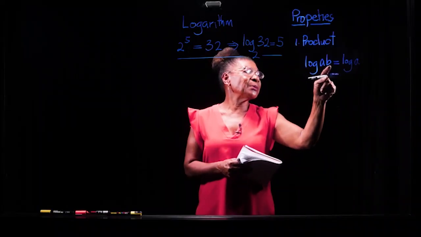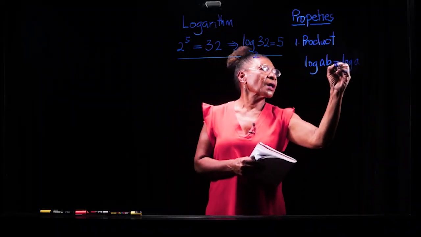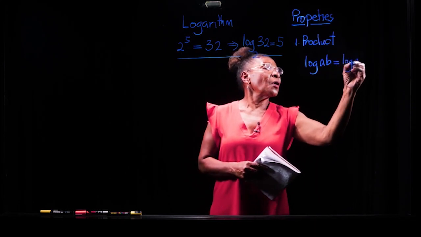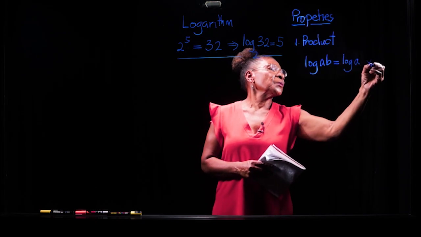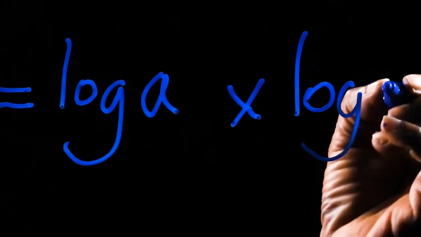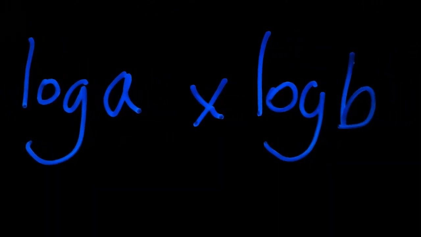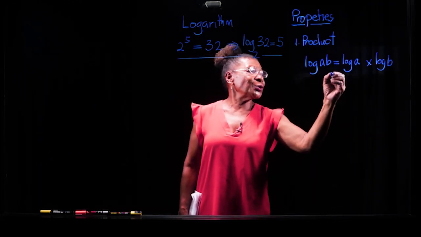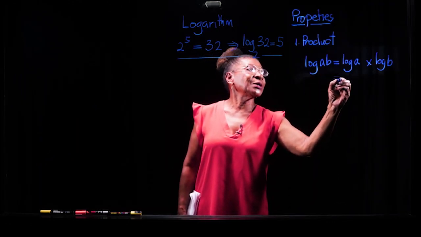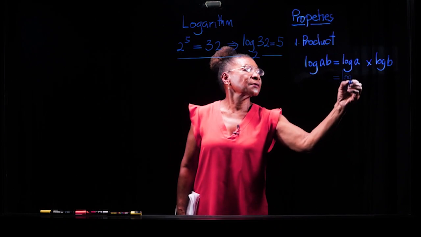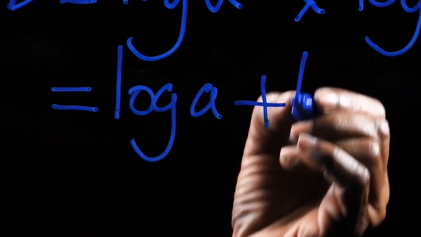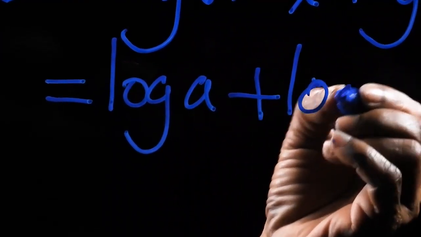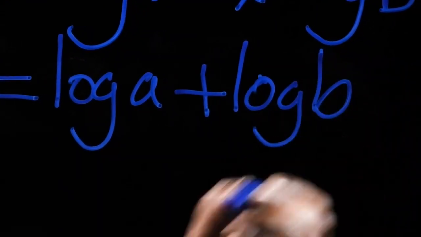Log of AB simply means log of A multiply log of B. So, if we were to apply the property, it would give us log A, the multiplication becomes plus, and we have log B.